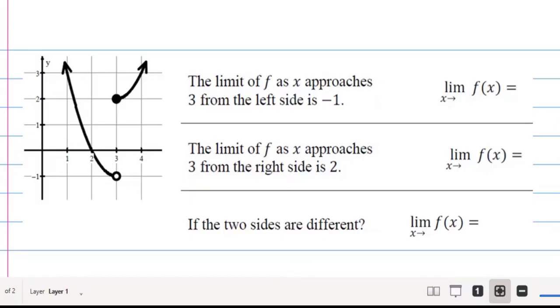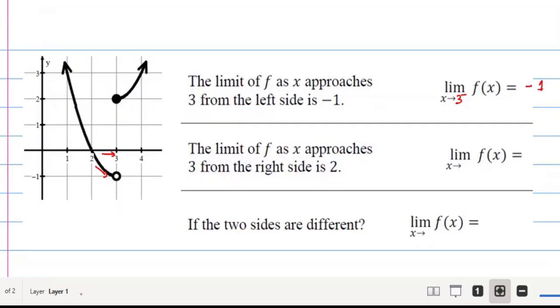Limit of the function as x approaches 3 from the left hand side is -1. Okay, so the answer is that's true. As x approaches 3 from the left hand side, the function does approach -1. How do you write this? Limit x tends to 3 minus f of x is equal to -1.